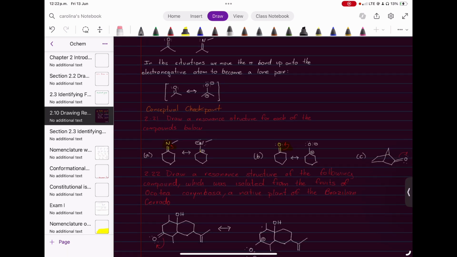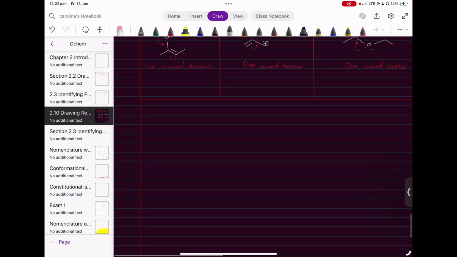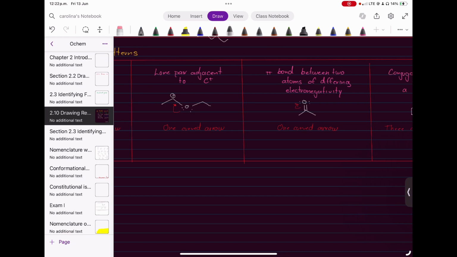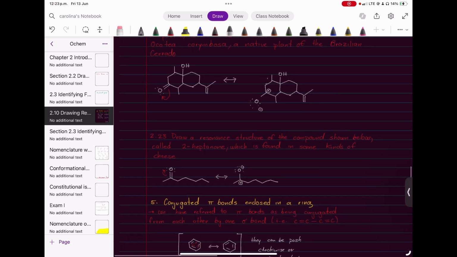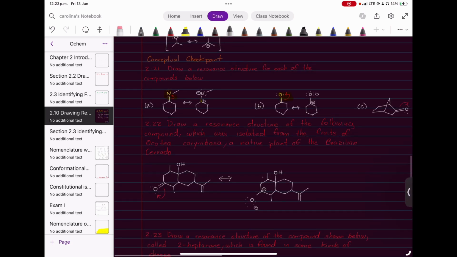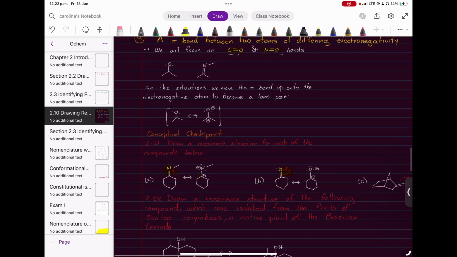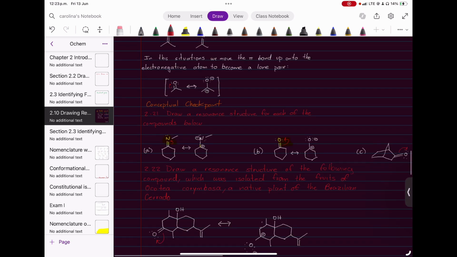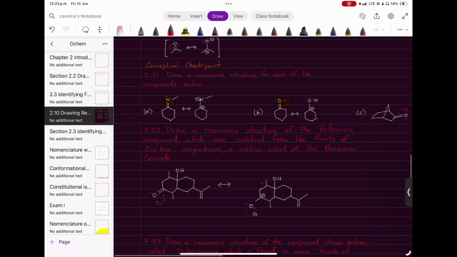One arrow once again, and you can see the charges are there, positive and negative, but since they're one positive and one negative, they cancel each other, and it's the same as the first molecule. It's still neutral, and it goes from the pi bond towards the most electronegative atom, in this case nitrogen or oxygen.